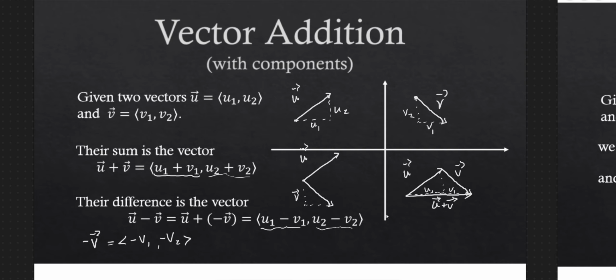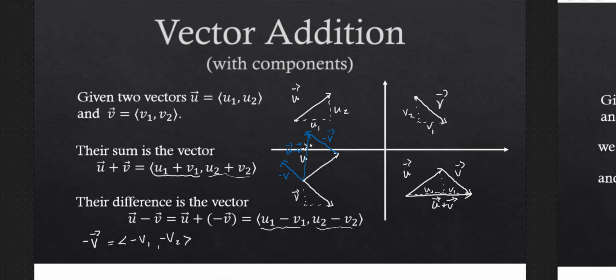Another way I can get u minus v: think about minus v, which is going to come up like this. And I can put that over here. So this would be minus v, and then across like that. So this would be u plus minus v. This vector would be u minus v. Just geometrically, that's what it would look like.